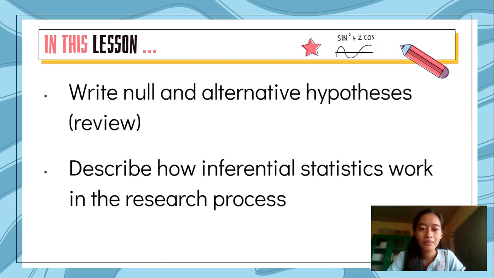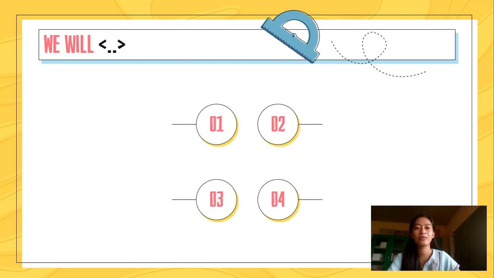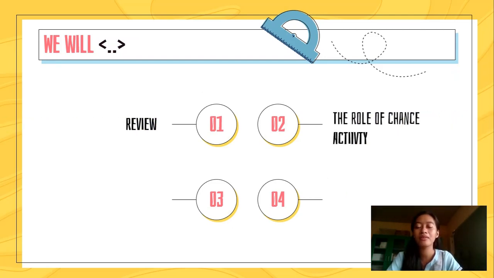Next to this, we're going to describe how overall inferential statistics work in the research process. And with this knowledge of the whole logic of inferential statistics, we will then make ourselves ready to try on different hypothesis tests.